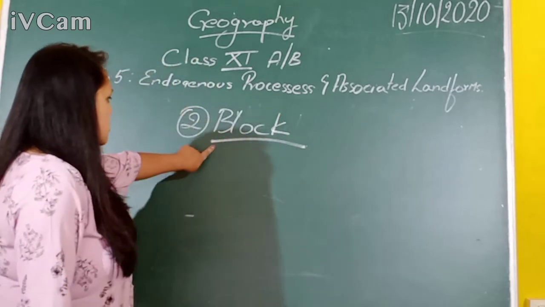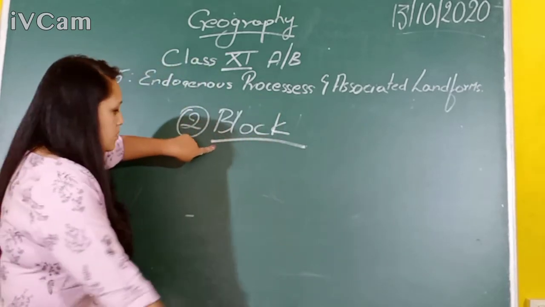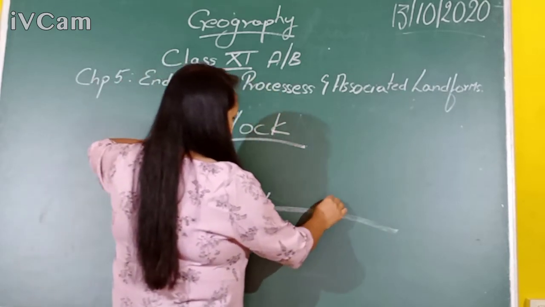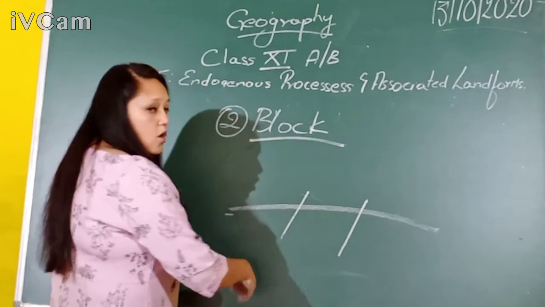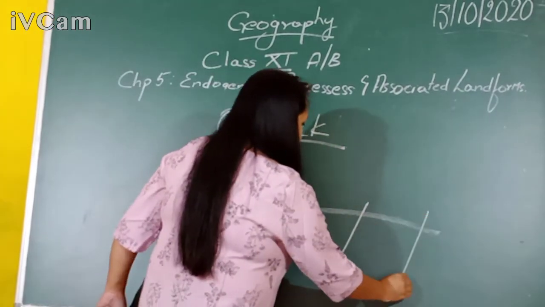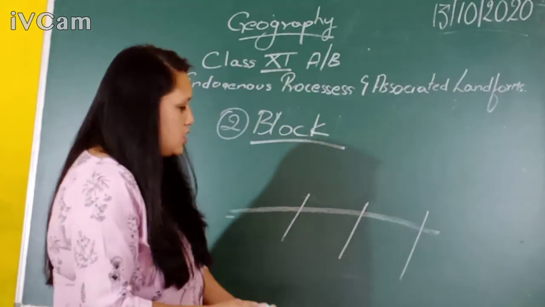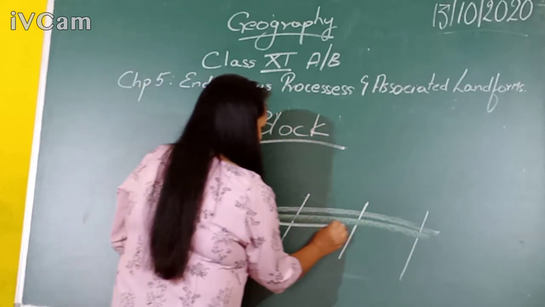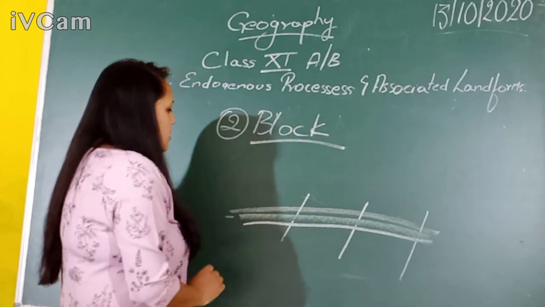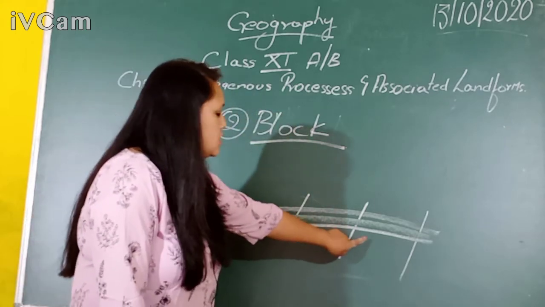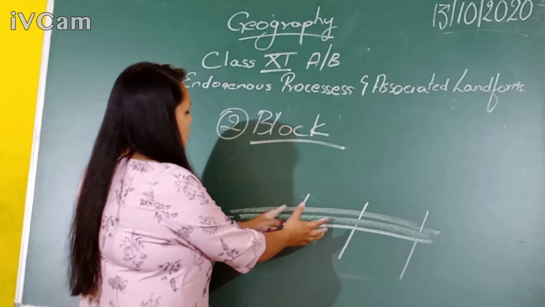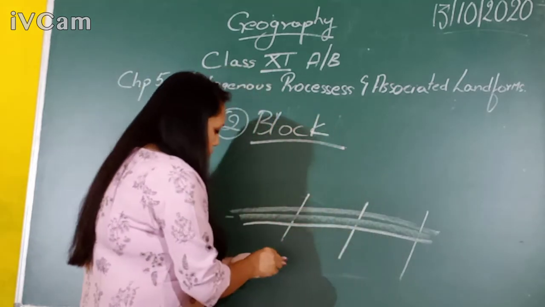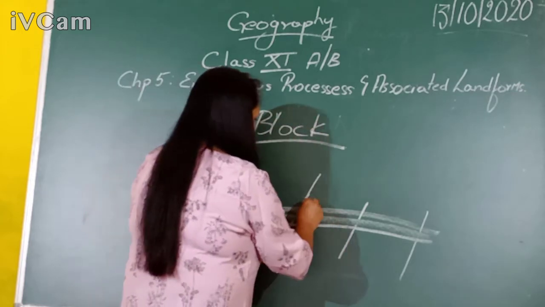Block mountains are formed when there are parallel faults, two or more faults that take place on the surface of the earth. Because of these faults, some part of the land gets elevated, and some part of the land moves down, decreasing in height.